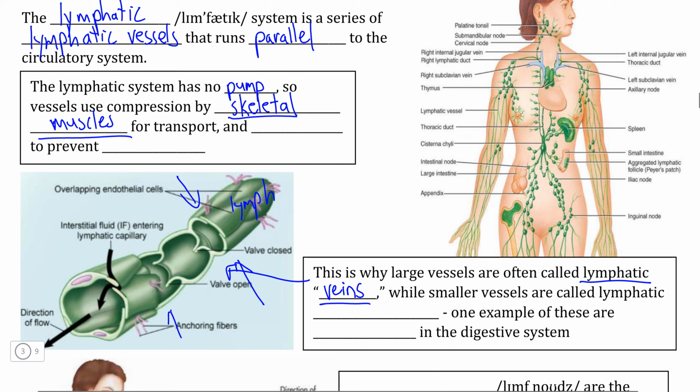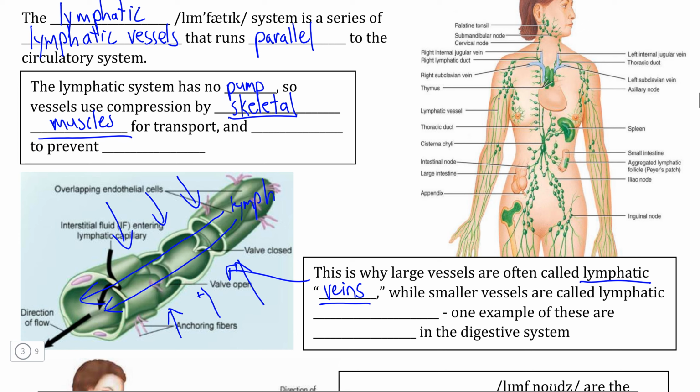So whenever you move any of the limbs in your body, the skeletal muscles will compress the lymphatic vessels, causing the fluid, lymph, which is a combination of white blood cells and hydrophobic nutrients such as fat and cholesterol, to flow. When the skeletal muscles compress the lymphatic veins, it pushes lymph through them in the same way that skeletal muscles cause blood to flow through veins.